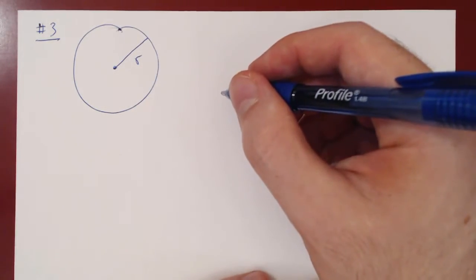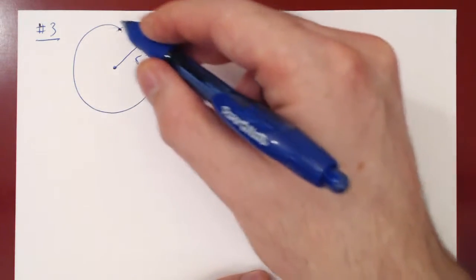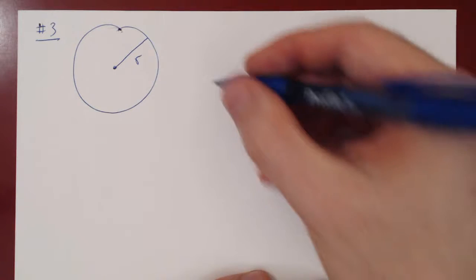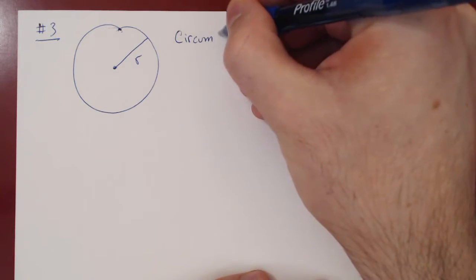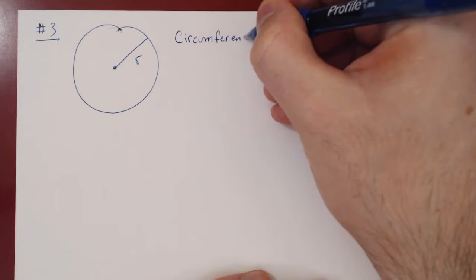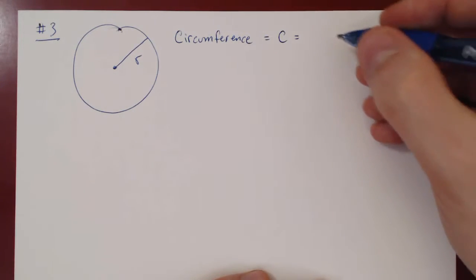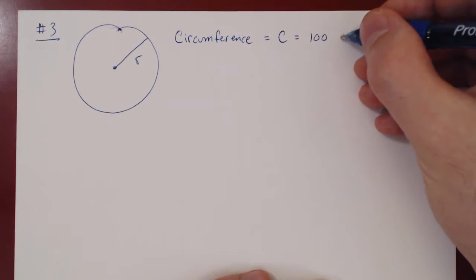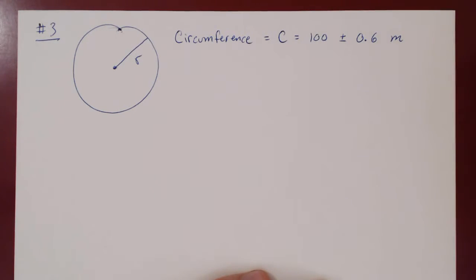And suppose we have measured not the radius now, but we have measured with a flexible measuring tape the circumference of the circle. We'll call the circumference C. And suppose we found a circumference of 100 meters plus or minus an uncertainty of 0.6 meters.